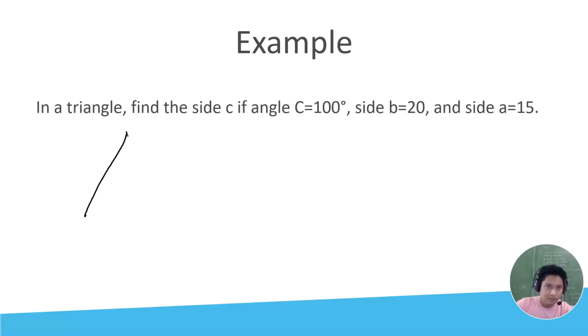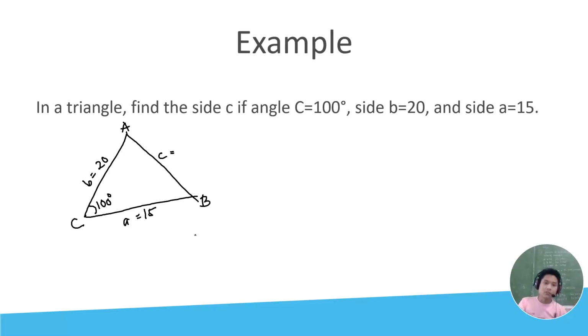Since we have used capital letters A, B, and C for the angles, and small letters a, b, and c for the sides, for angle C, this is 100 degrees. For b, 20, unitless. a is 15.